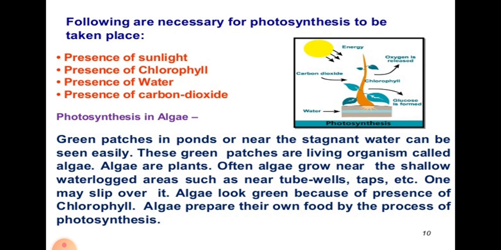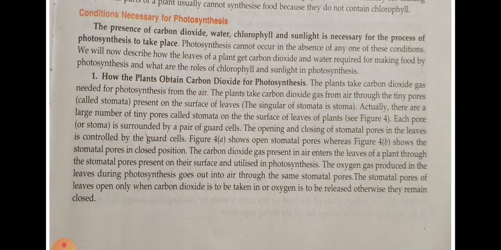Presence of carbon dioxide, water, chlorophyll, and sunlight is necessary for photosynthesis to take place. So, first, how do plants obtain carbon dioxide for completing their process of photosynthesis?